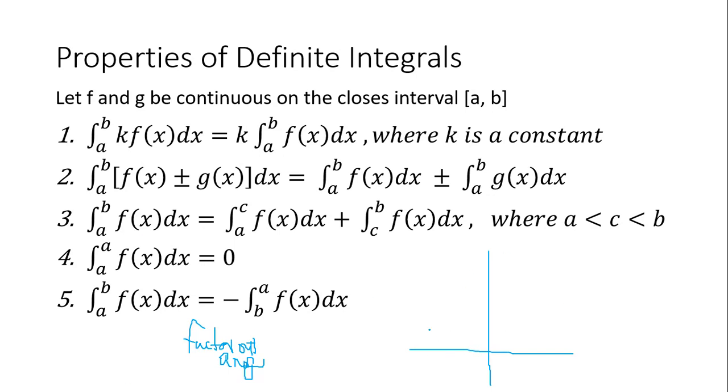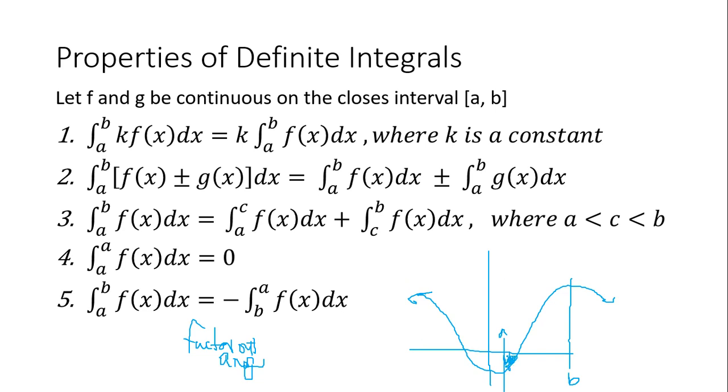So for example, let's say that I have a function that looks like this, which should look a little bit like a negative cosine curve here. So if I have, let's say this was A here, and then B was over here. And what's happening here is I have a negative area from here to here.